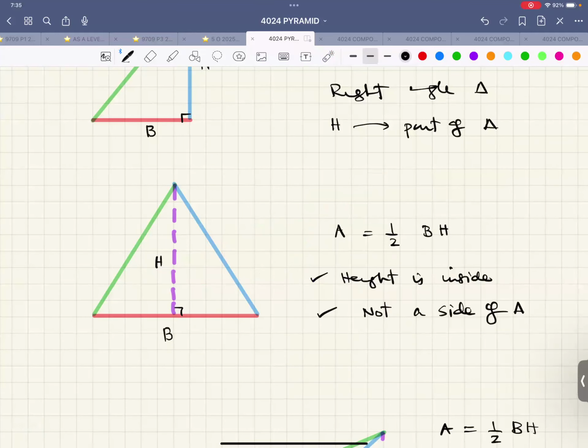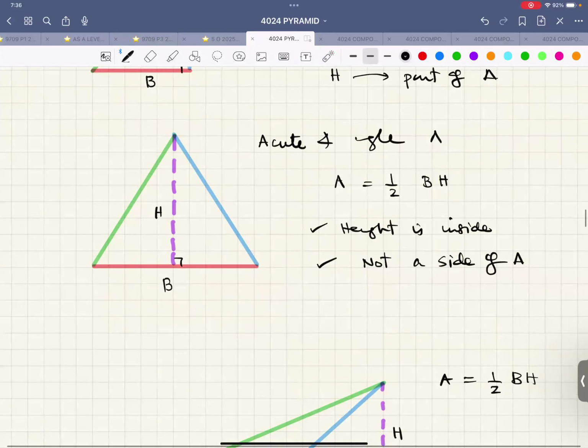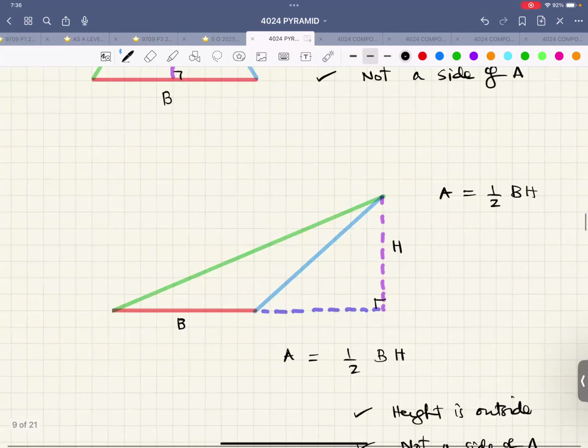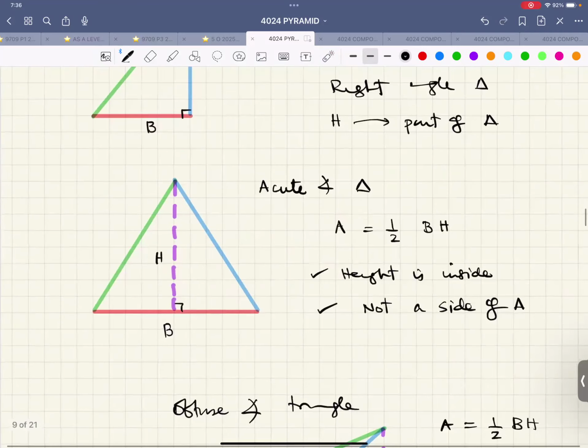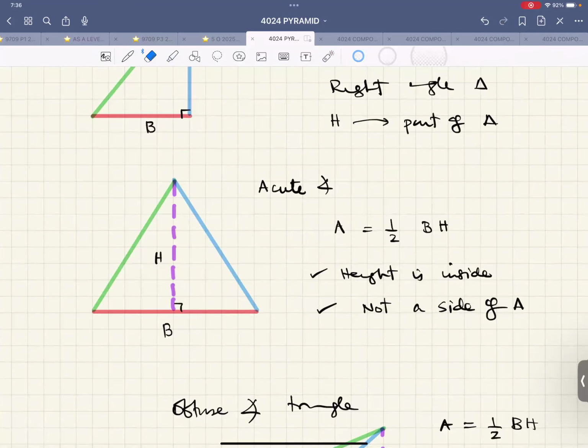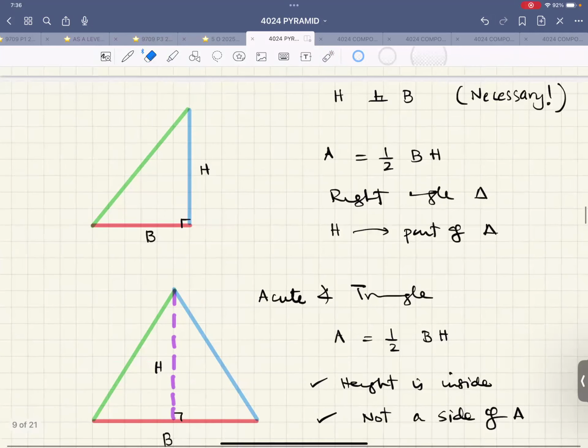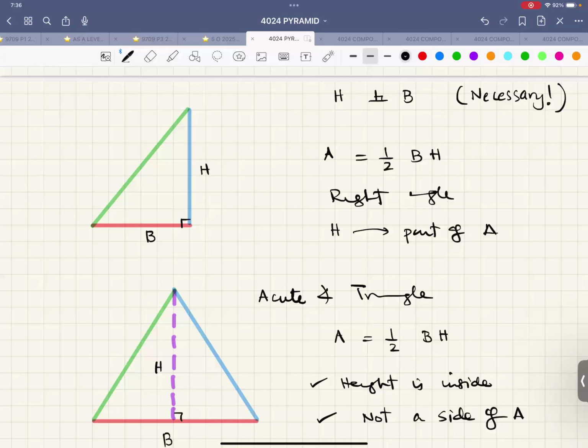This one is an acute angle triangle. This one is an obtuse angle triangle. All good, all clear. So let me just write triangle over here, and let me also write triangle over here so that there is no confusion.